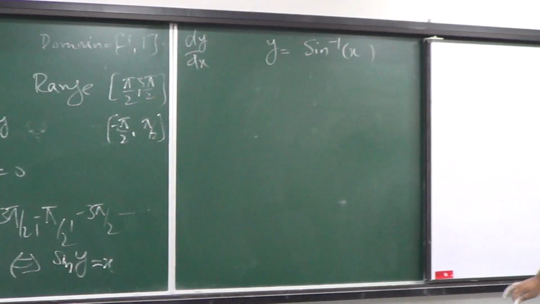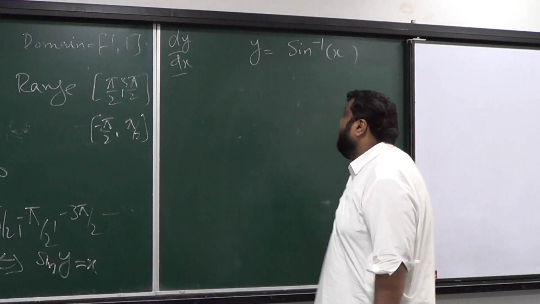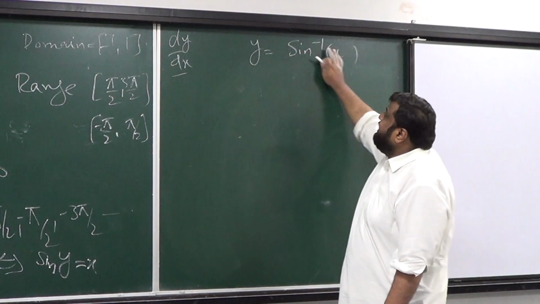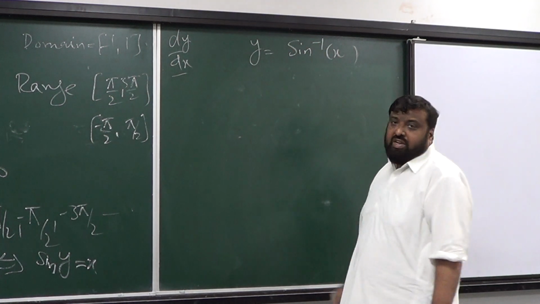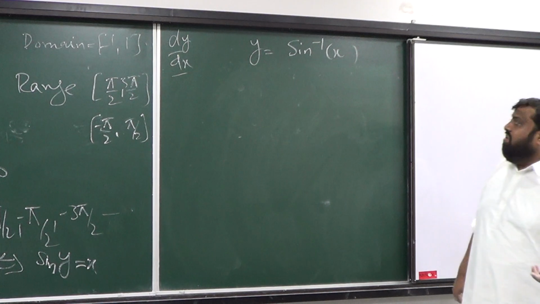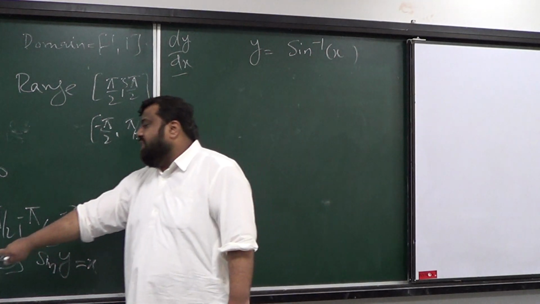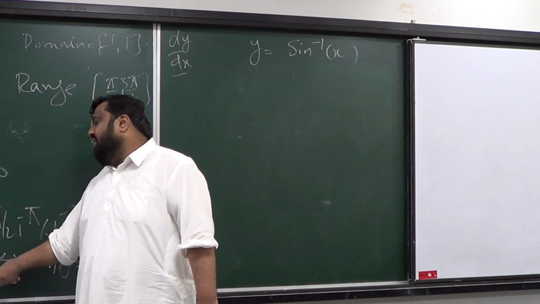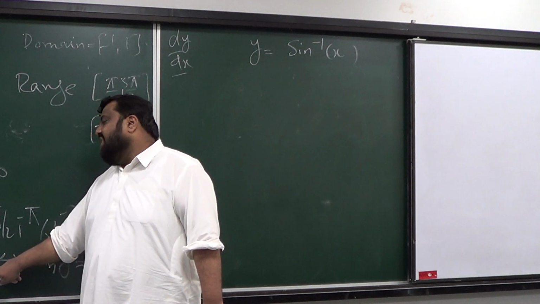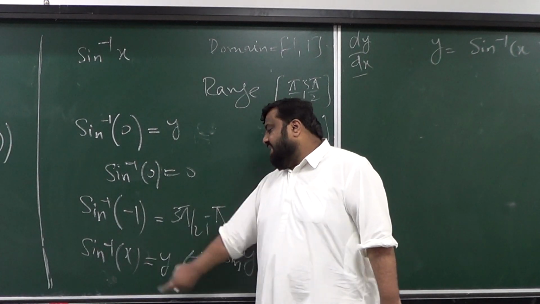The key trick here to find this expression dy by dx is to treat this function as an implicit function. How? We just showed that if the sine inverse of x is y, you are saying that the angle which, when substituted in sine, would give you x is y.